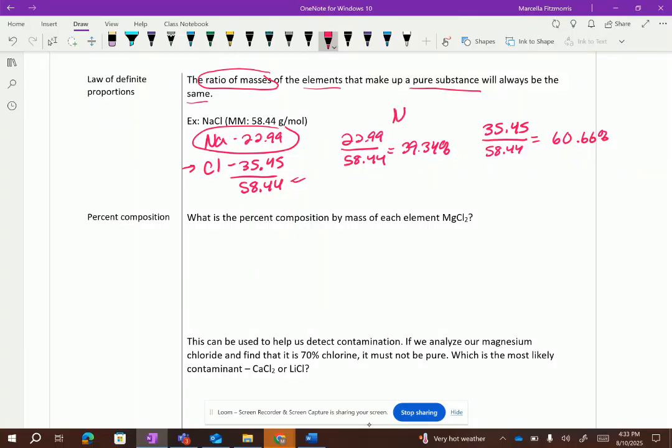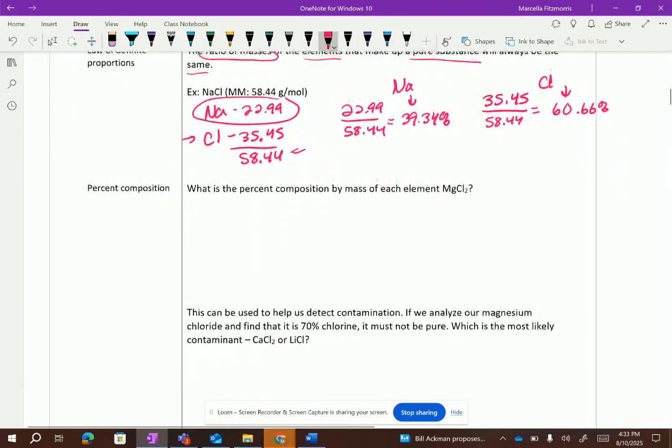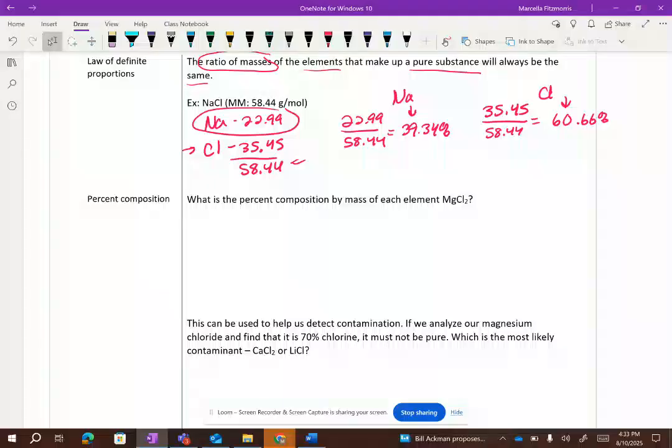So this ratio of Na being 39.34% and Cl being 60.66% will be present in every single pure NaCl. If there's no contamination, that will be the percentage. Okay, so if we want to find the percent composition by mass, which is what I just did, which is very important to being able to tell what it is most of the time, what we do is what we just saw.